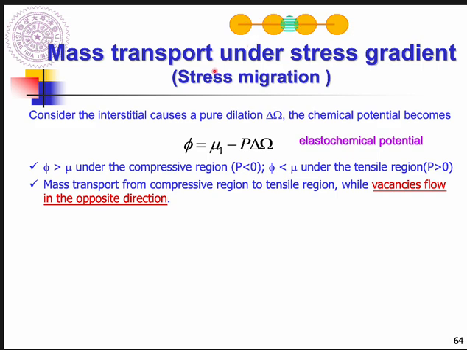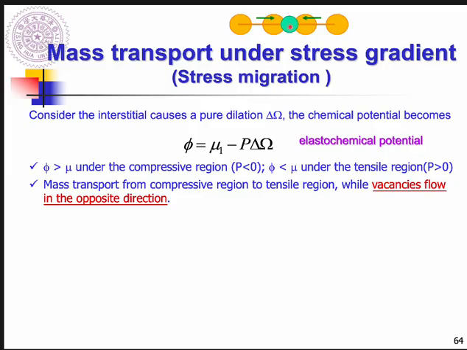But now you push the interstitial in between these host atoms, and that will cause a compressive region here, right?